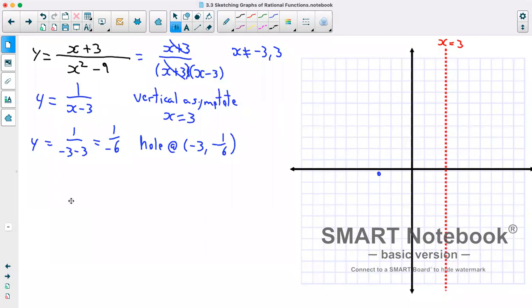Now we have a reciprocal function. So with that, we also know that parts of our graph are going to be diagonally opposite. We haven't drawn in our horizontal asymptote yet, which we should. Because this was 1 degree higher than this, we know we have a horizontal asymptote at y equals 0.